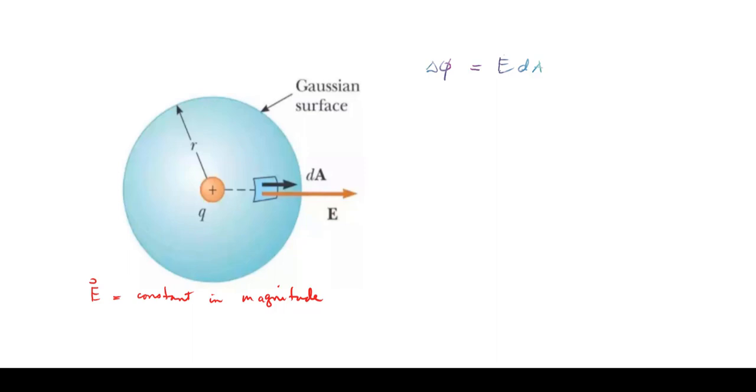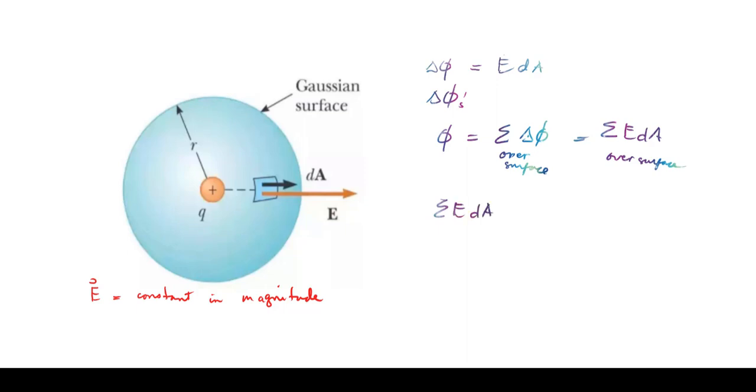Then taking the sum of all these delta phis over the surface to get phi, this is equal to the summation of E dA over the surface.